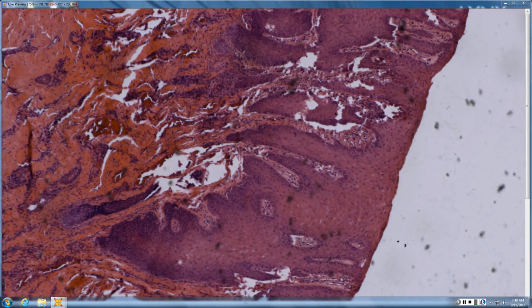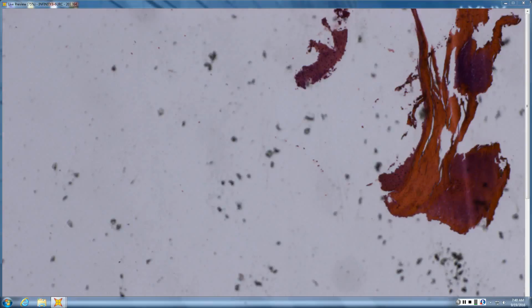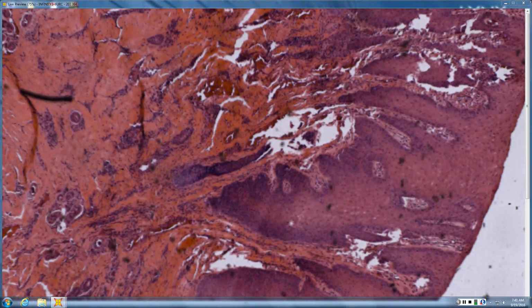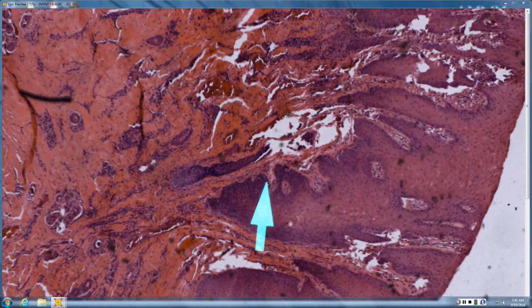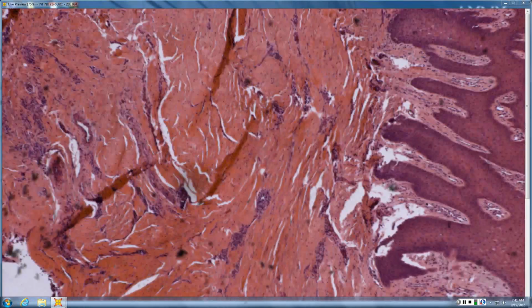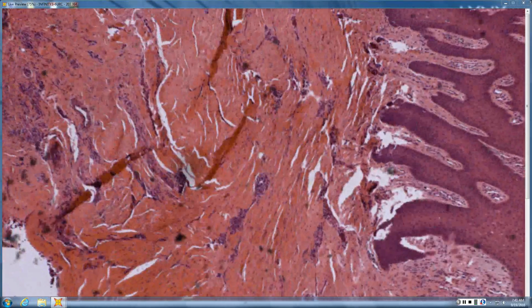I'm not seeing a real robust interface. Yeah, not a whole lot of interface. I do see vertical streaking of collagen. Yeah, kind of looks like LSC a little bit. So there definitely is a lot of secondary change here, a lot of LSC. Focally, a little bit of interface, not much, but you basically have a lot of secondary change here.